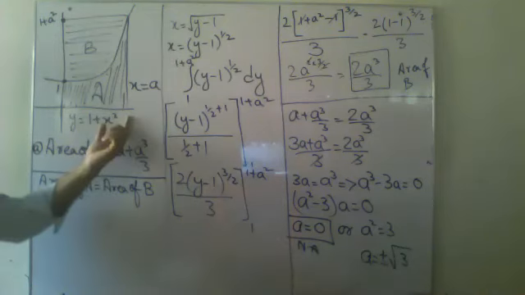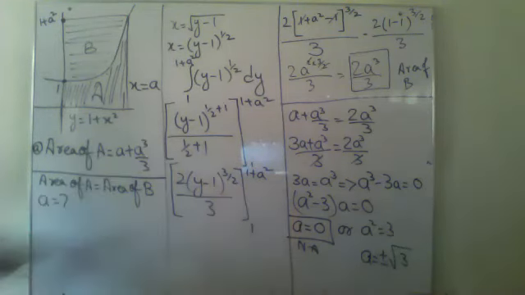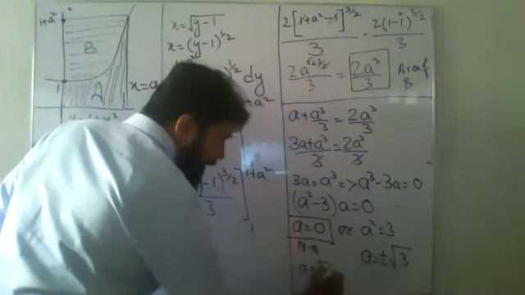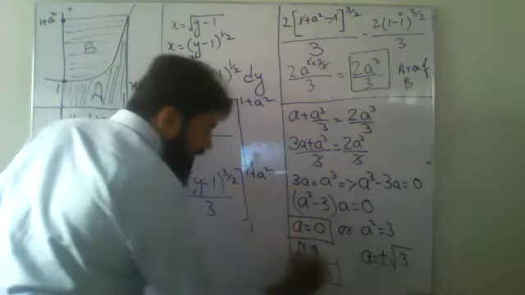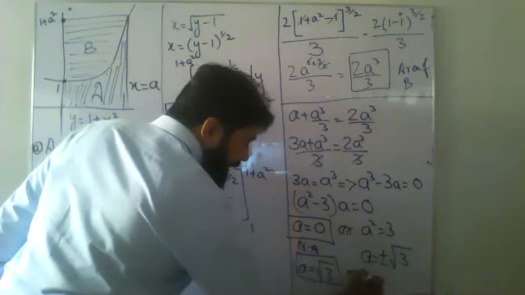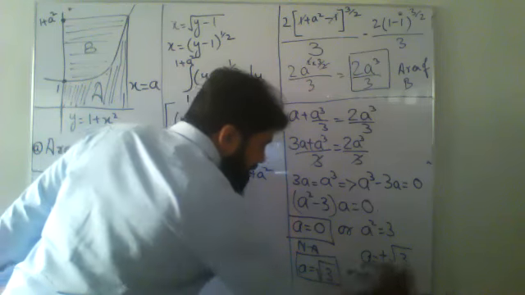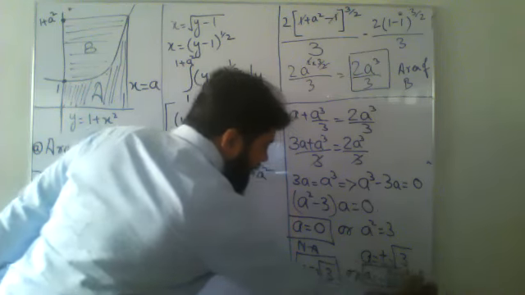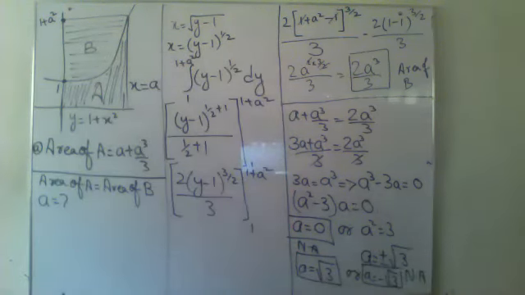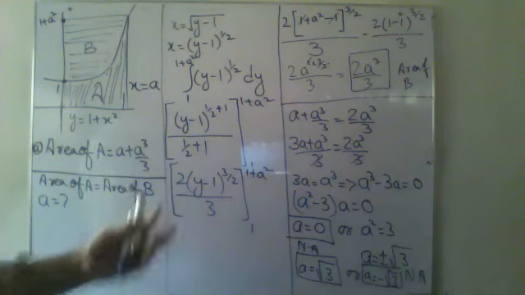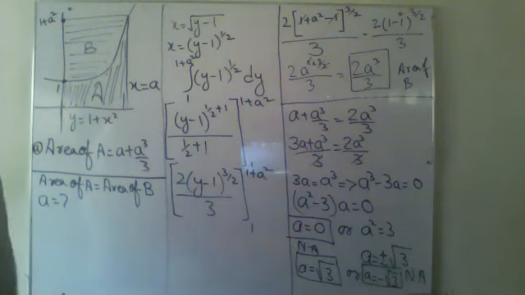Again, this point cannot be negative. So a equals root 3 will be your final answer, and a equals minus root 3 is also not applicable. So my final answer will be a equals root 3 for this point. And you can convert it into decimal also if you want to.